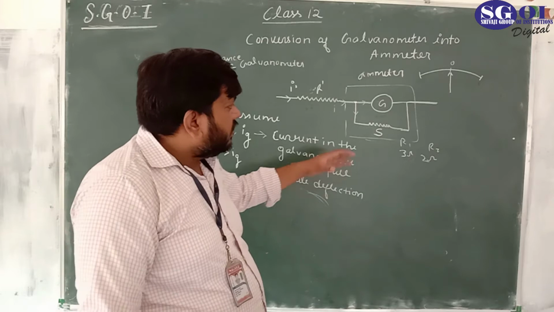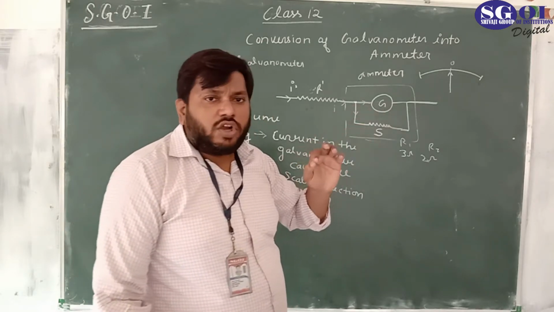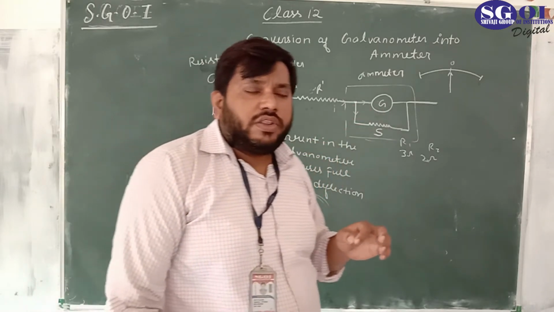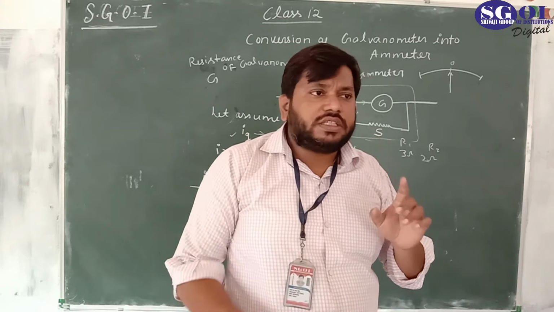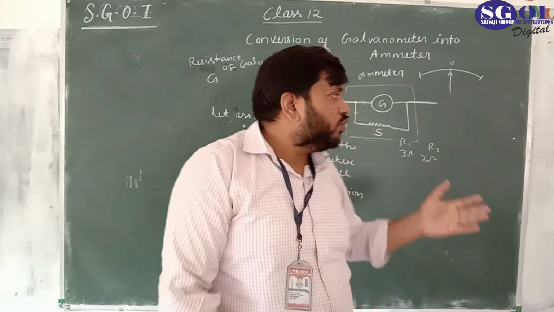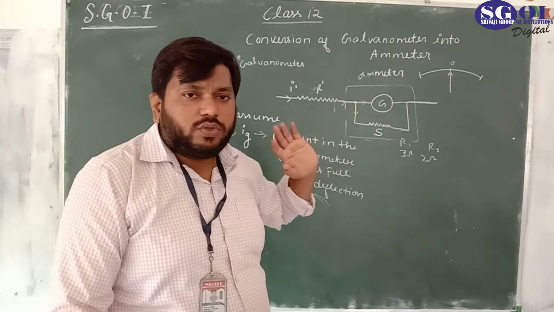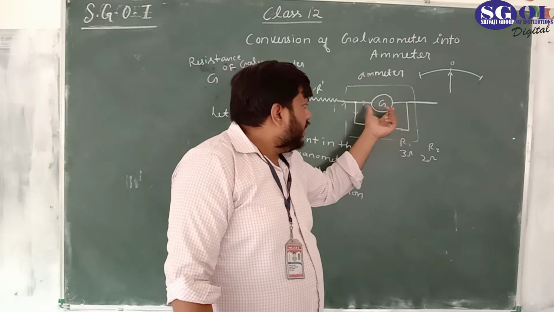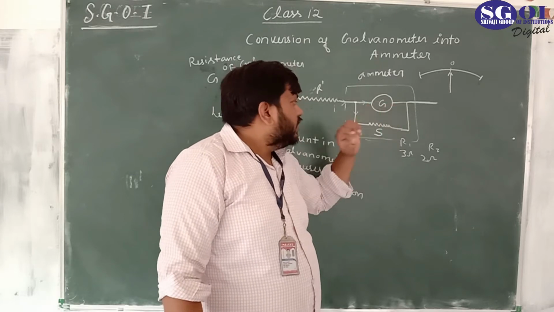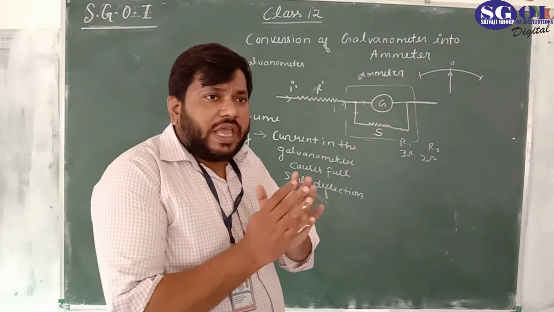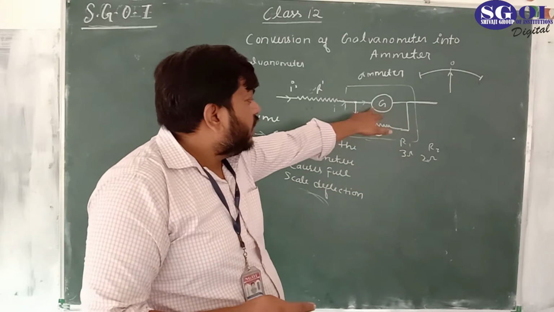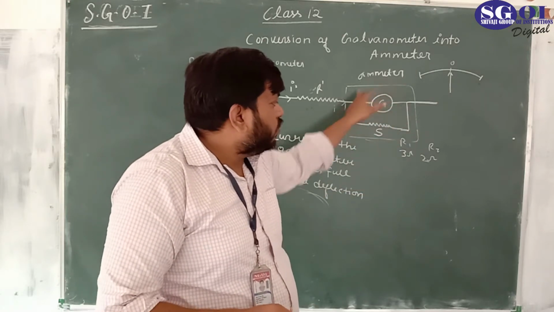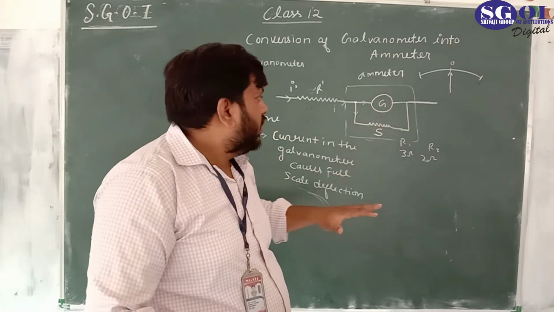And this galvanometer is not made for reading a particular current. It is a range up to which this galvanometer could be used, this ammeter could be used. So in an ammeter there is a galvanometer obviously, and the galvanometer has a range up to which we can use it to make this particular ammeter.